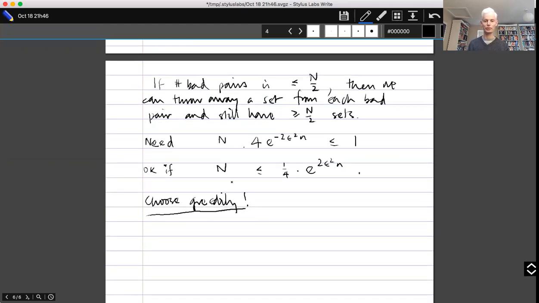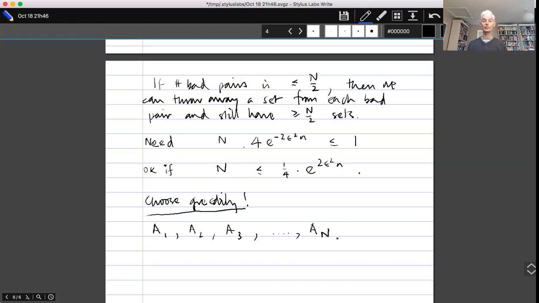So all I mean by that is I'll pick A1, I'll find A2 such that A2 does not intersect A1 in more than (1/4 + epsilon) n. Then I'll pick A3 that doesn't intersect either of those 2 in more than (1/4 + epsilon) n, and I'll keep going until I get stuck. So I get to A_n, and then I can't find an A_(n+1) that works with all those.